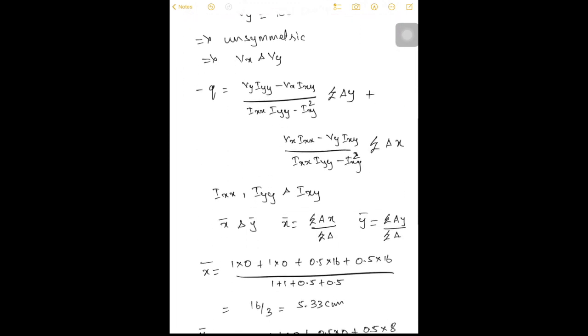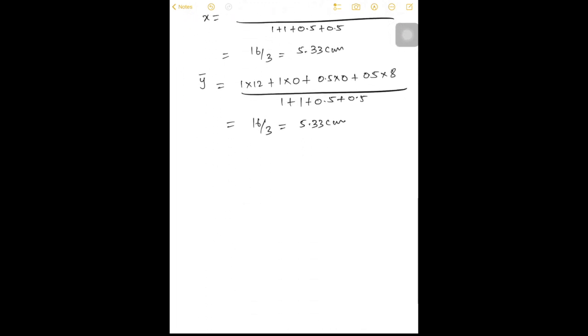Now we will calculate the moment of inertia Ixx equal to summation of area into h square. So h is nothing but y bar minus y1, that is the distance from the neutral axis.